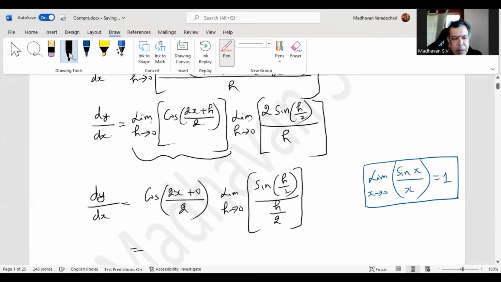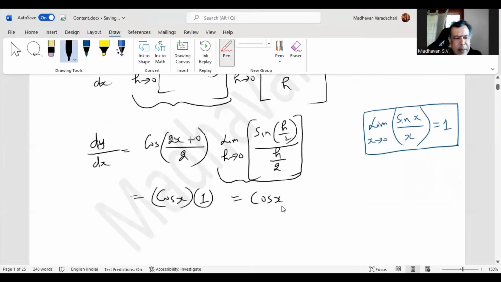So this will now be 2x plus 0 is 2x, 2x by 2 is only x, so it is cos x multiplied by this limit, which is nothing but 1. So this will result in cos x. So the dy by dx of sin x is cos x. Therefore d by dx of sin x, that is the first derivative of sin x, is nothing but cos x.